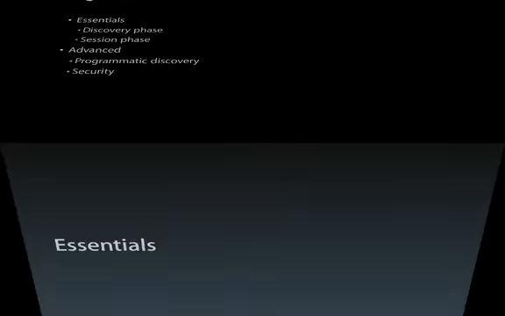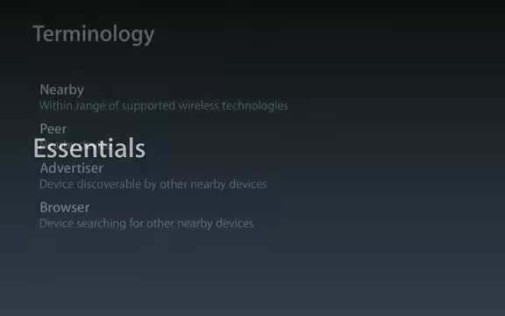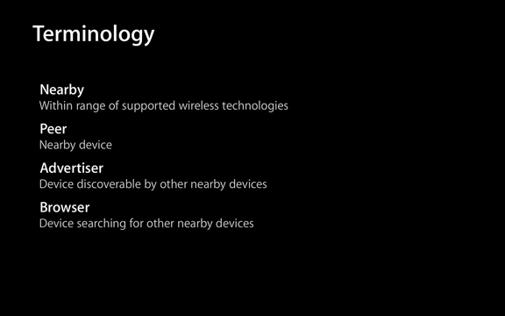All right, so let's dive in. The essentials. First, I want to define some terminology that we will use in today's talk. I want to start with nearby. So what is nearby? For a particular device, another device will be called nearby if the two devices can communicate directly with each other using one of the supported wireless technologies. Peer. A peer will be a nearby device.